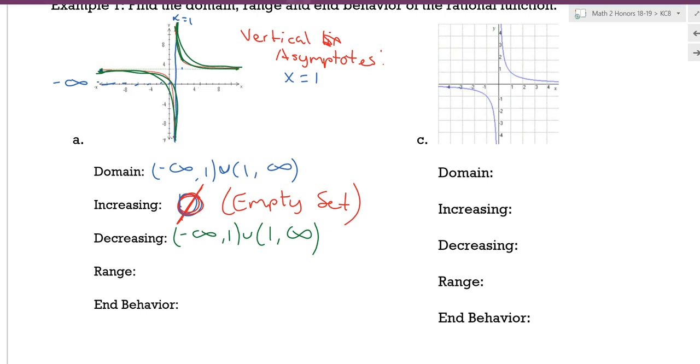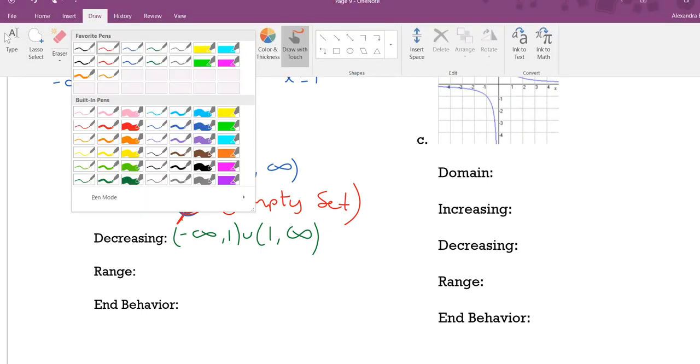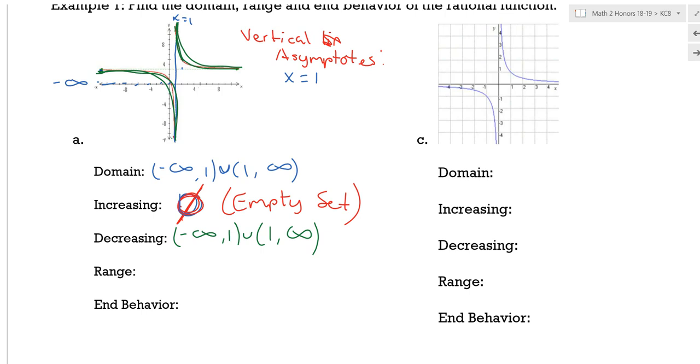Alright, now range cares about your horizontal asymptotes, your horizontal lines. I have a horizontal line running straight through here, and it runs through the y-axis at y equals 3.